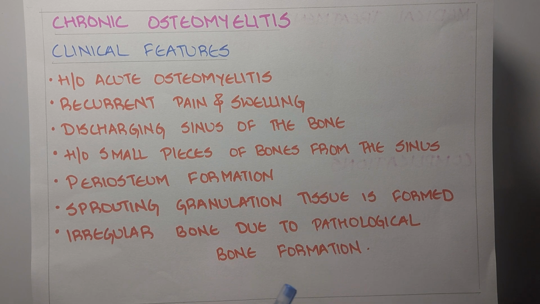So this is also known as sequestrum. There is periosteum formation, which makes the bone look irregular. Sometimes sprouting granulation tissue can also be found from the bony sinus. So irregular bone due to pathological bone formation is there.